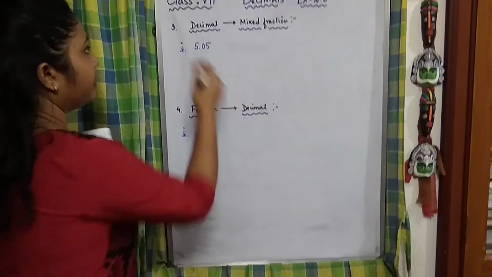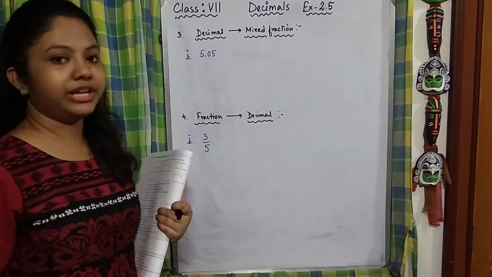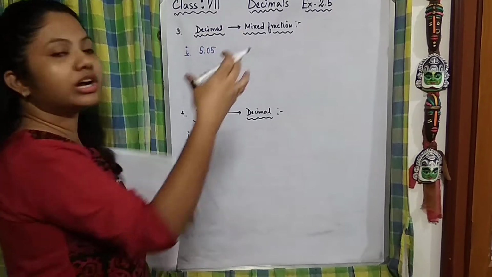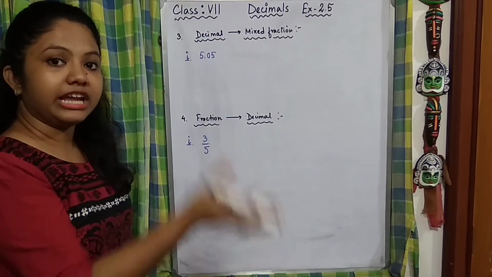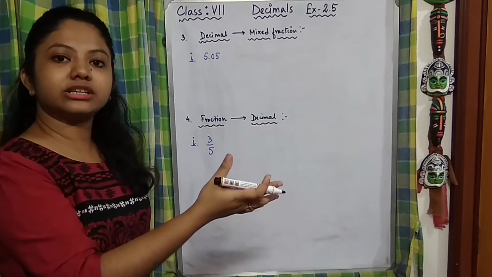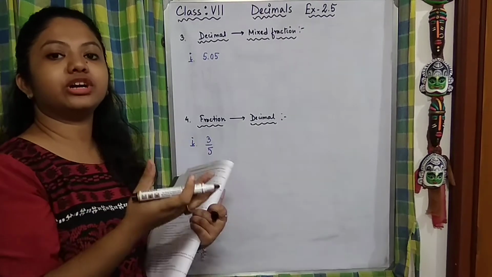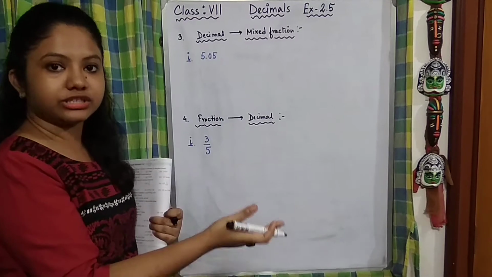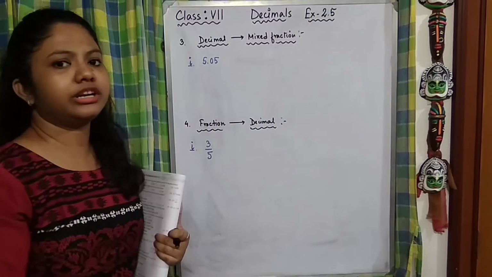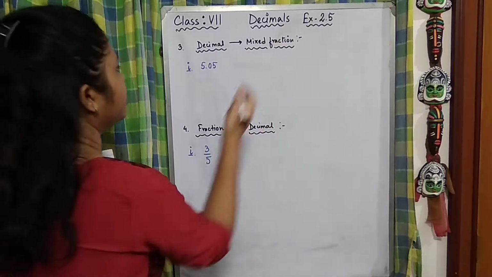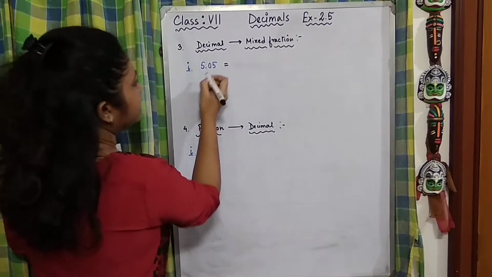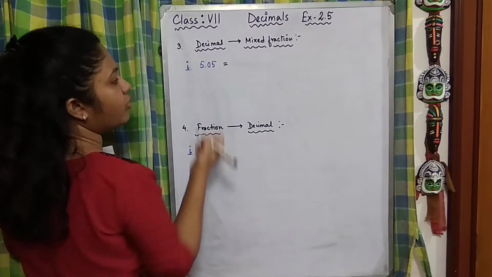Now coming back to the number 3. Here see, we have to convert what? A decimal into its mixed fraction form. In our previous one, we converted it into a proper fraction. Now we are going to convert it into a mixed fraction, eventually from an improper fraction. So let's start. See here, 5.05.